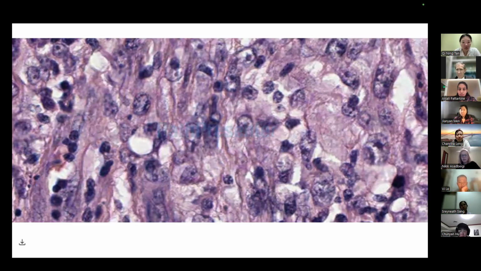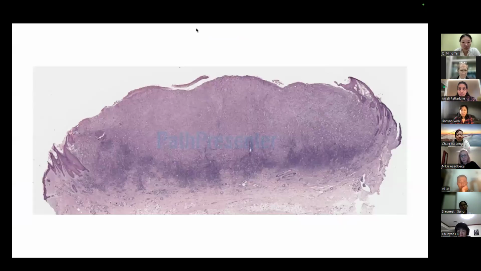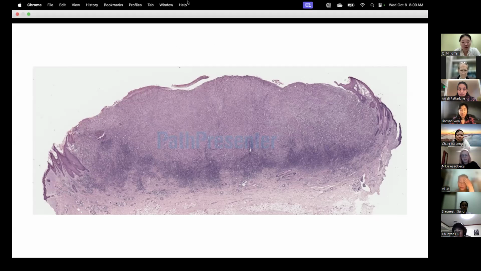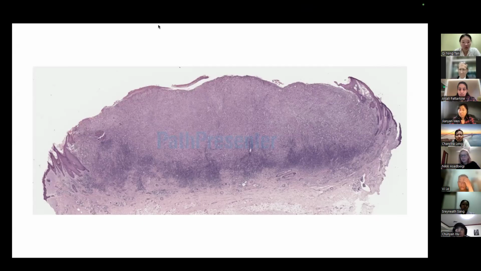Can you go back to the lower power? We don't need to know what kind of proliferation it is, but is it a proliferation of any sort, or are we going to have something inflammatory, for example, going on here? You can put it in chat, but it's great if anyone wants to talk about it. Do we think we have a proliferation here? A neoplasia here?